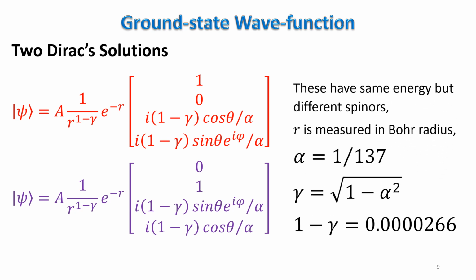Here you can observe gamma to be the square root of 1 minus alpha square, and alpha we have already discussed, it's 1 upon 137. Now if you consider 1 minus gamma, it is a very small number, as you can observe on your screen, and that is appearing in the down spinor of the wave function.